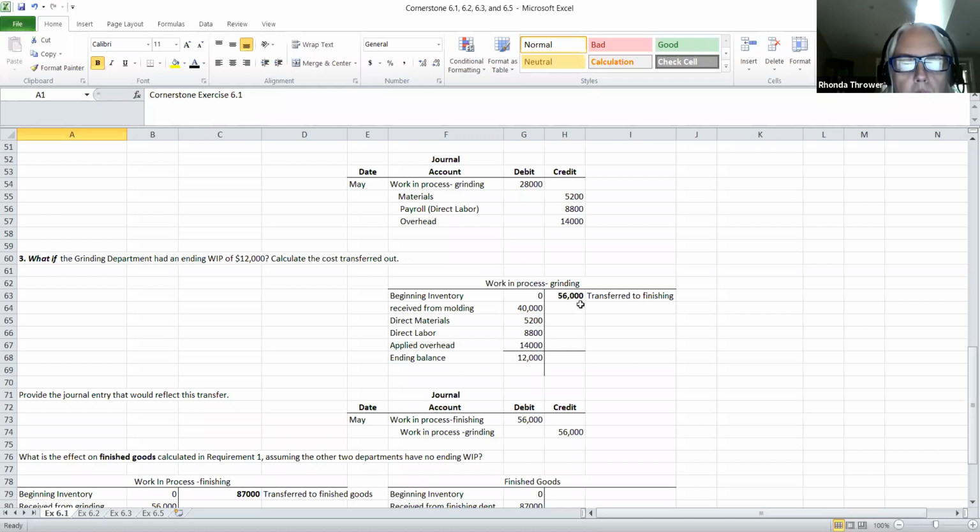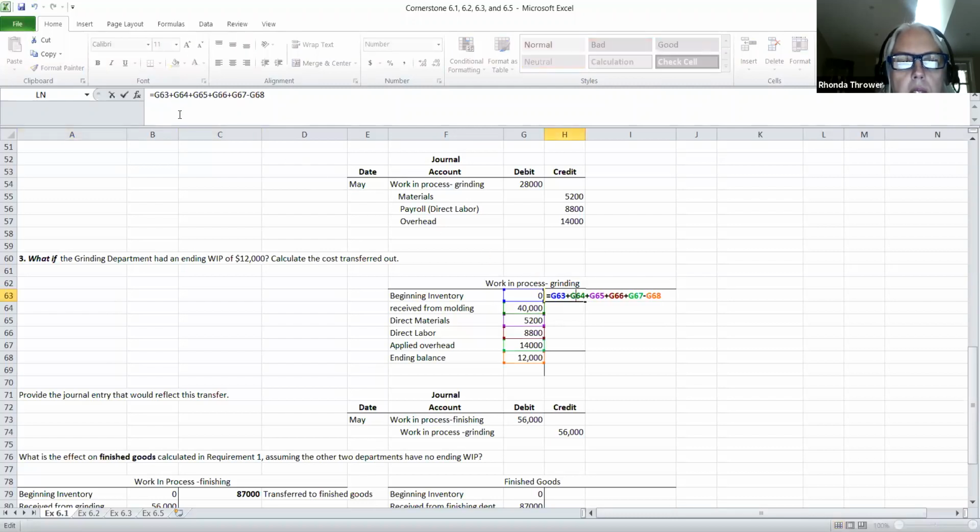So they wanted you to determine how much was transferred out. And the way that you would do this is you would add your beginning balance plus what you received from molding, plus the materials, plus the direct labor, plus the applied factory overhead. And then you would subtract out the ending balance. And what's left is what you have transferred here.